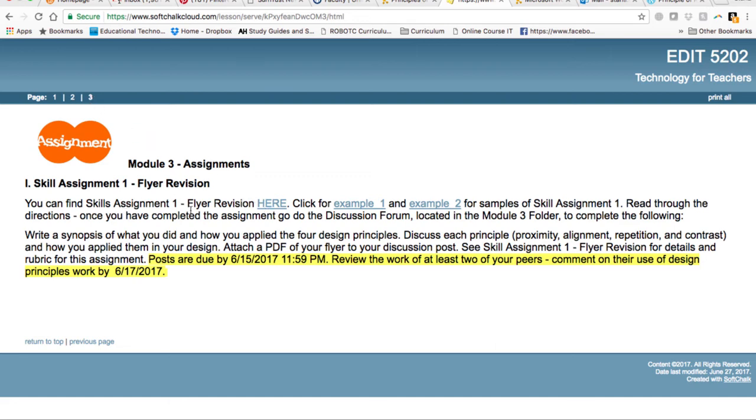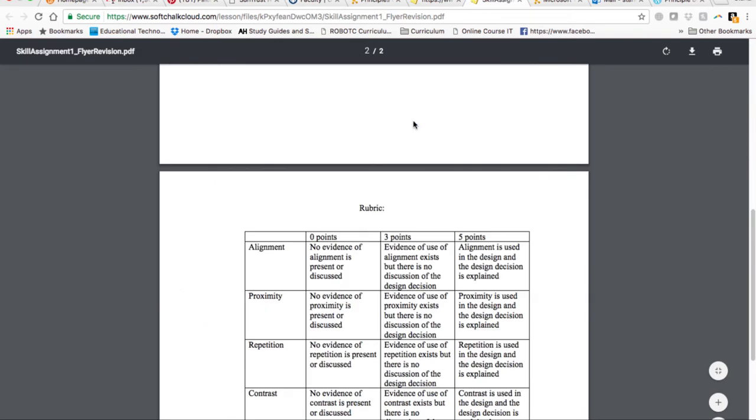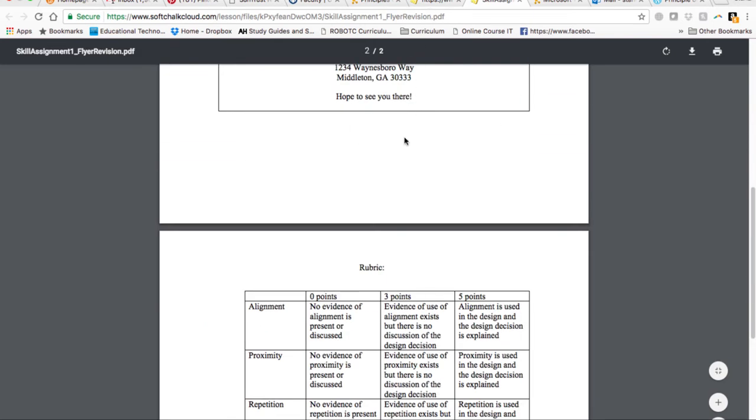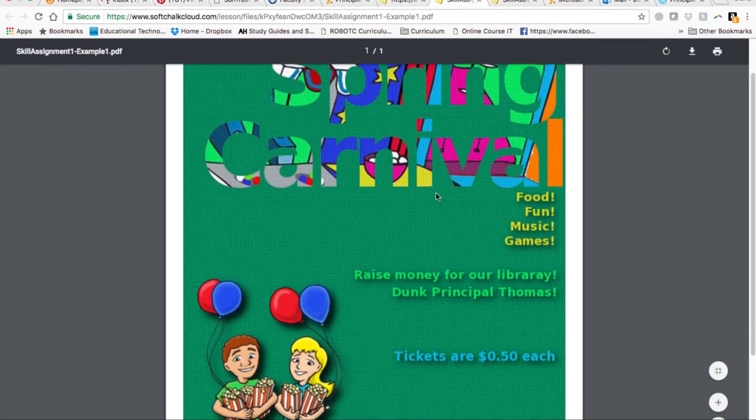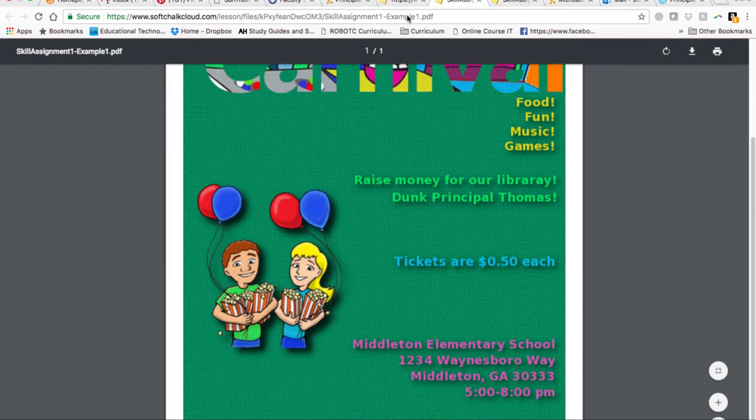Here's your first assignment. It's the skills assignment 1, the flyer revision. And if you click here, it'll take you to the assignment so you can read through that assignment. It's pretty simple and straightforward. I've also included some examples for you to look at that previous students have completed.